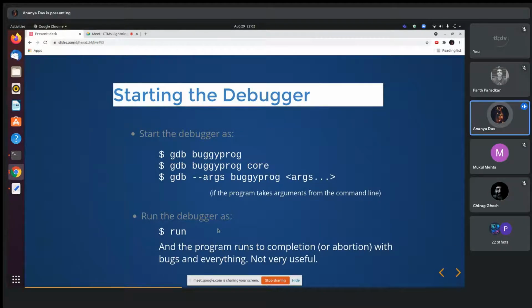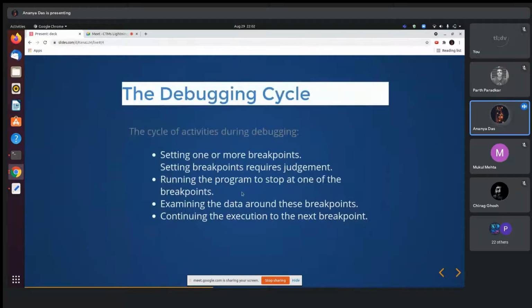And simply to run the debugger, we can use the command run. But just running the command right after starting the debugger isn't really very useful. We make it useful by setting breakpoints, which I'll talk about soon. But before that, I'd like to mention the cycle of activities that takes place during debugging. We set one or more breakpoints, and setting breakpoints is a matter of judgment.